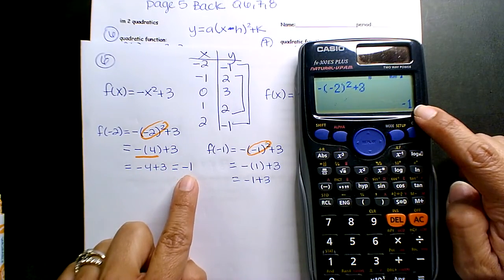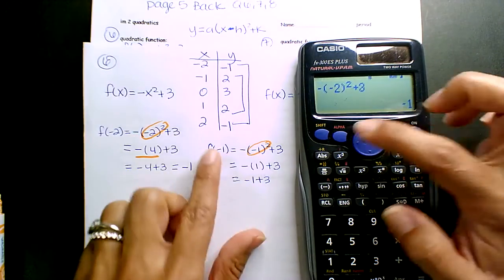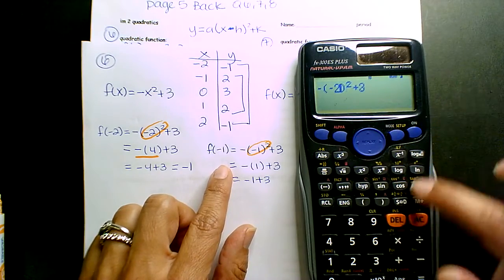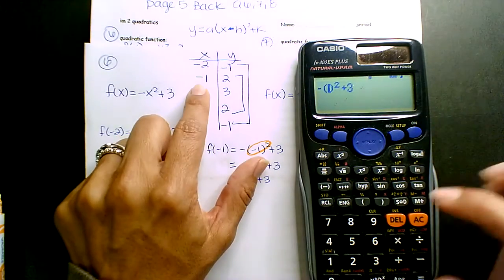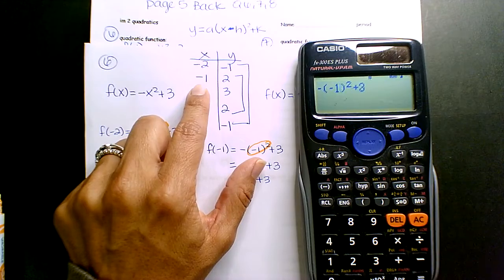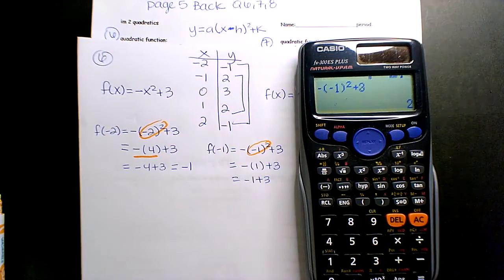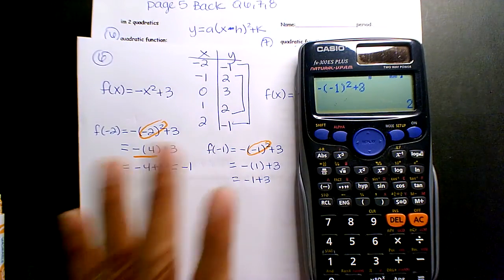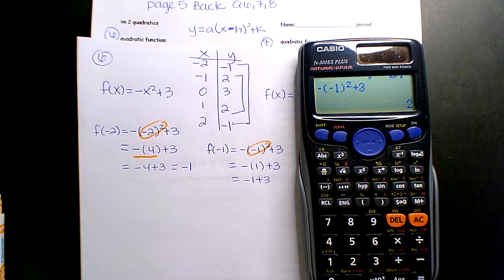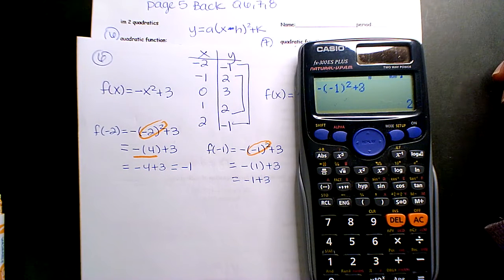There's my -1. -2, -1. -1, 2. Right? So you're taking a test, you're short on time, calculator. But you should be capable of solving your middle school math. Middle school math is really important.